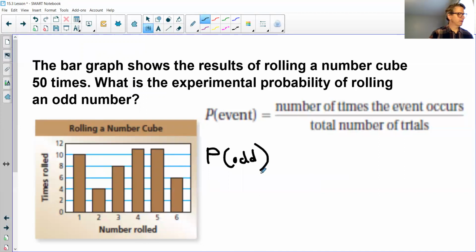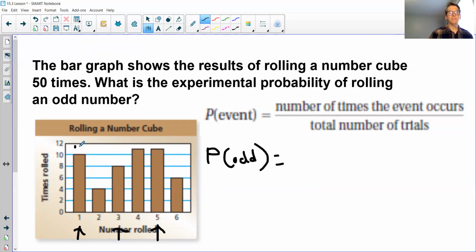So we're going to take a good look at this, and we're trying to find the number of times the event occurs. We look at this: 1 is odd, this 3 is odd, this 5 is odd. If we add all those together, an odd number has rolled 29 times.